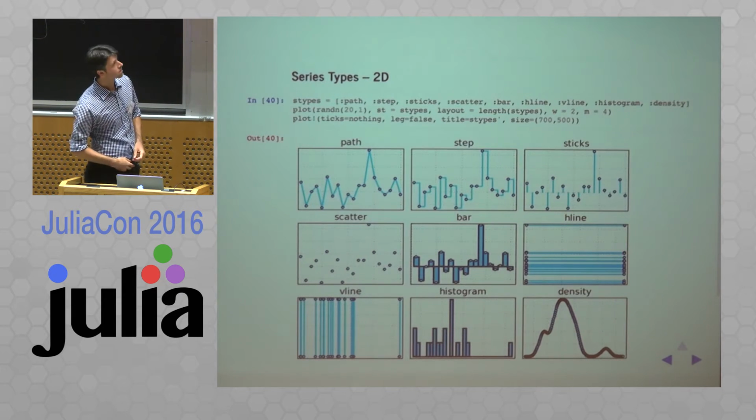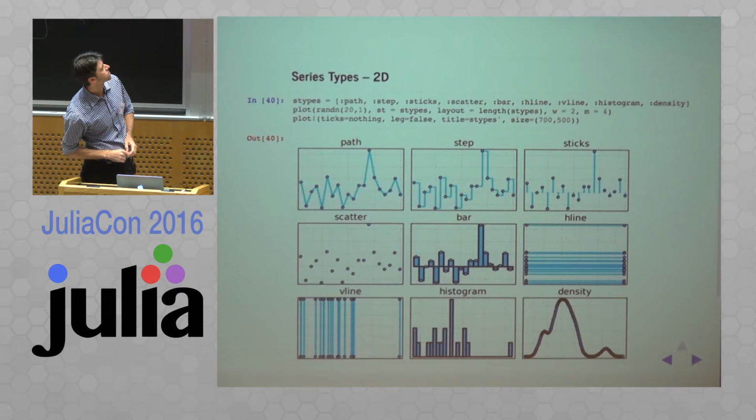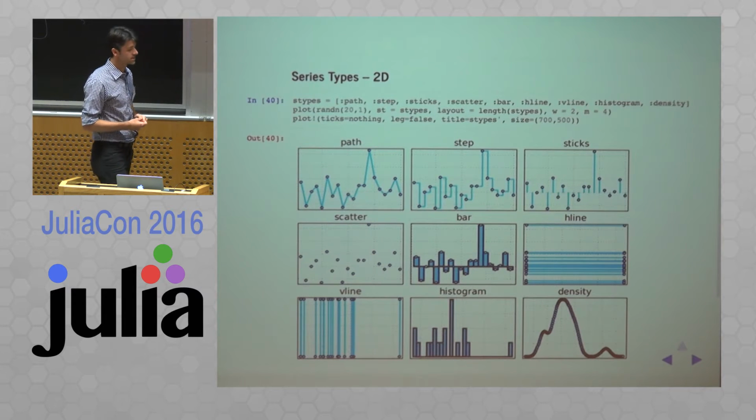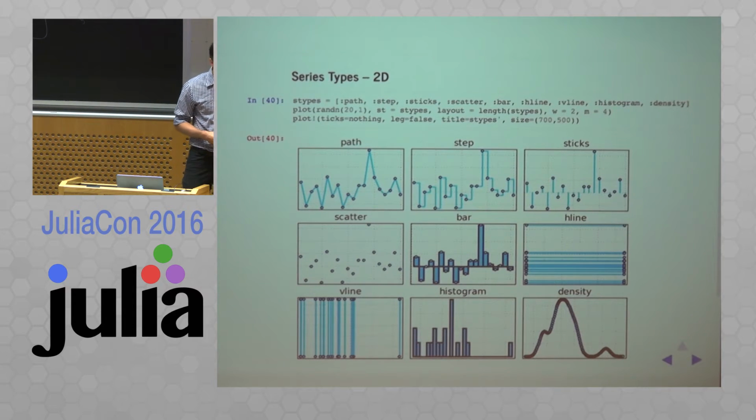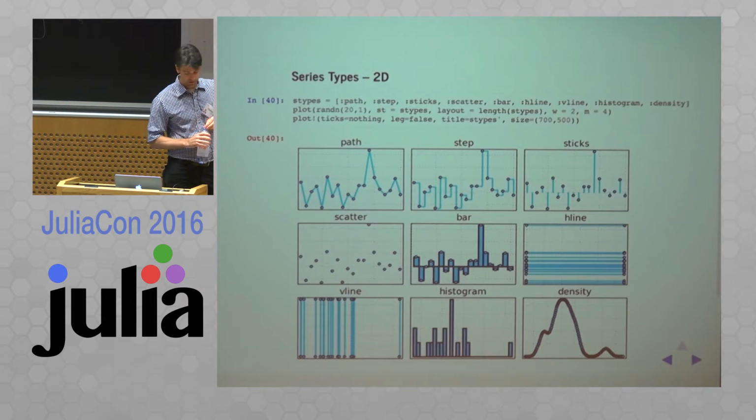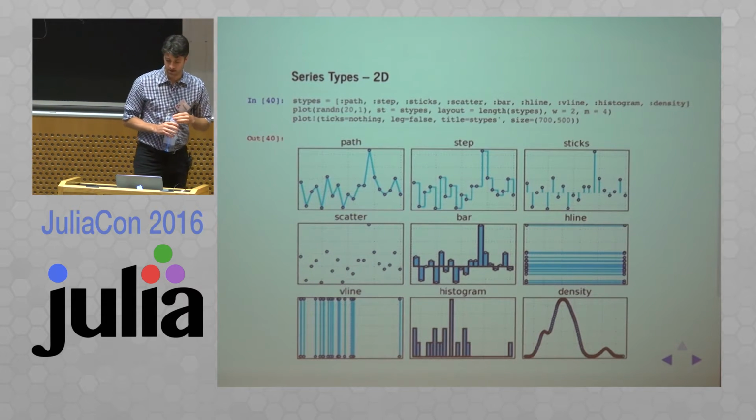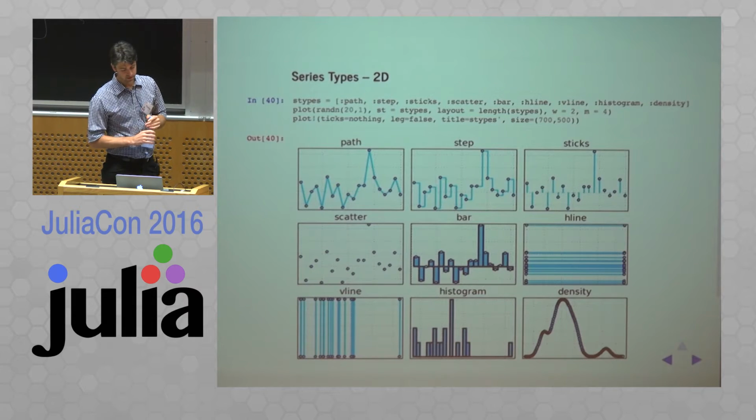So this also kind of shows you a couple of things. This is a sampling of series types in 2D that you can make. You can see the second line is plot randn 21, one series that's being mapped for each of these series types.